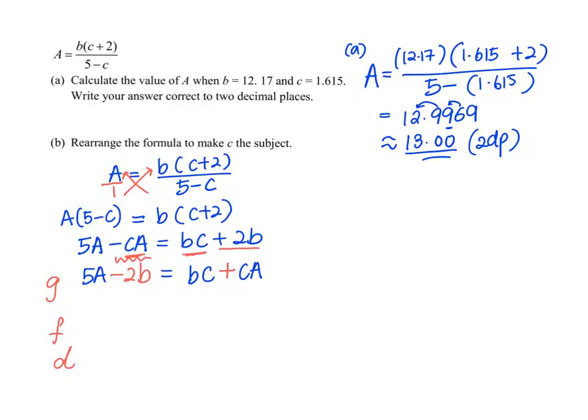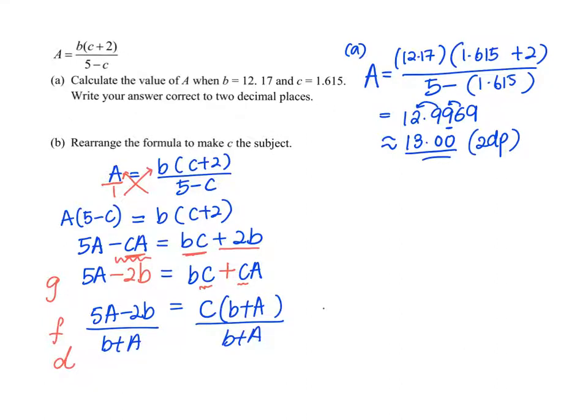Then next, I'm going to factorize out the common factor. Now all the C are together, isn't it? So I'll factorize out C and left with B plus A. And this is 5A minus 2B. Then finally, in order to get the C, I'm going to divide by B plus A. So therefore, C is equals to 5A minus 2B over B plus A.